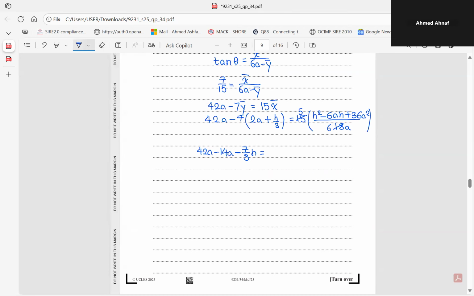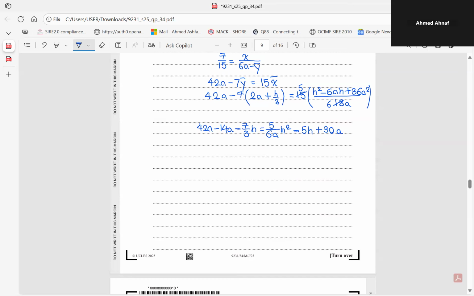Okay. So 5 over 6 ah squared minus 5 over 6 times 6ah. So you get minus 5h. And then 5 over 6 times 36a squared, you get 5 over 6 times 36, which is plus 30a.